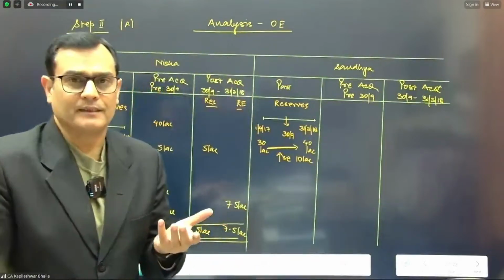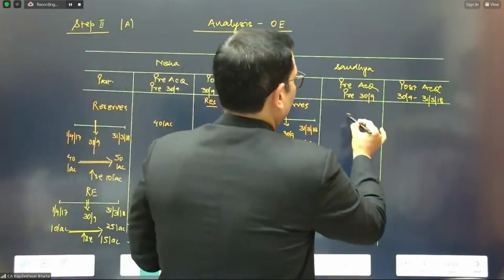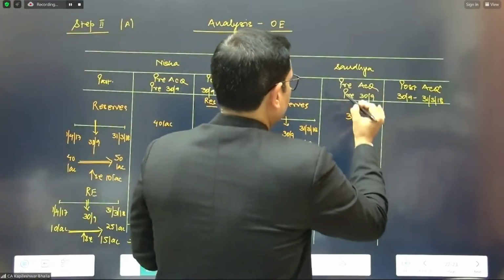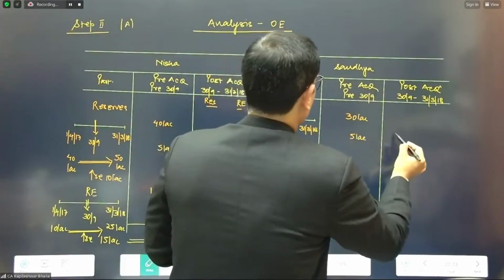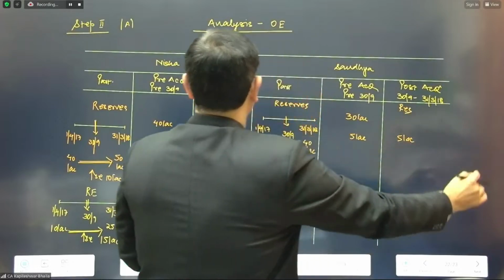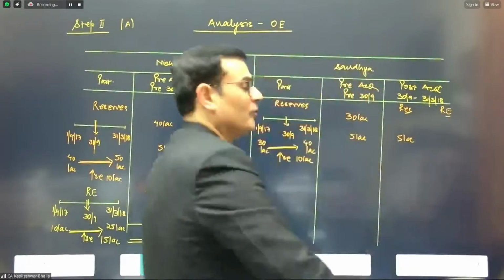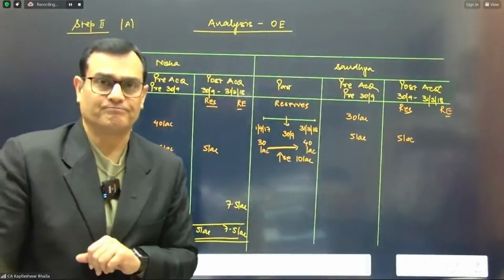I guess the analysis is again straight. So whatever is the balance at the beginning of the year is undoubtedly pre, and the increase will be divided in a time ratio. And when you're dividing it in a time ratio, create a separate column for reserves and create a separate column for retained earnings for a line-to-line addition.